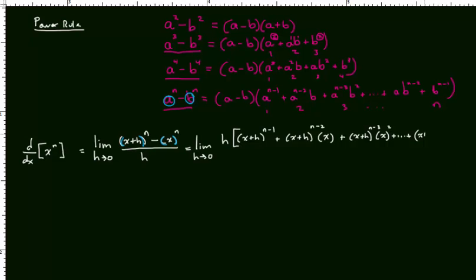We have x plus h times x to the n minus 2. What is that? Plus x to the n minus 1. I just fit it in there. All over h. And then the beautiful thing happens. H cancels out with h.